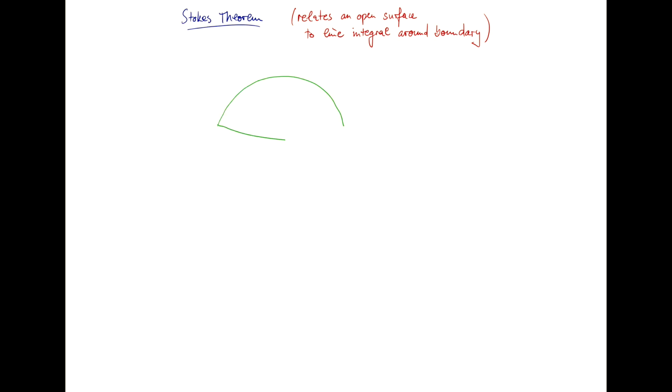Finally, we have Stokes' theorem. And Stokes' theorem relates the flux through an open surface to the line integral around the boundary of that surface. So imagine you have some surface that is open, where the boundary C is defined with a direction.